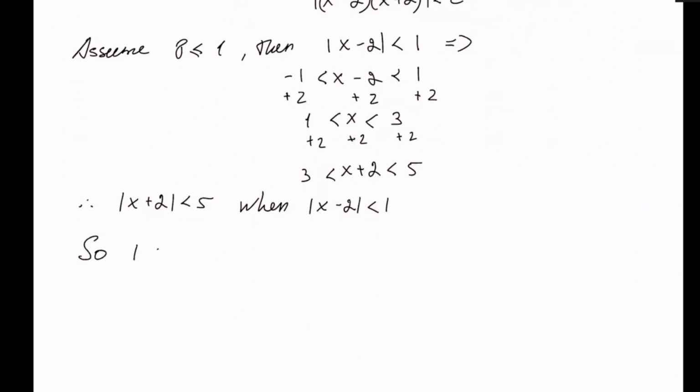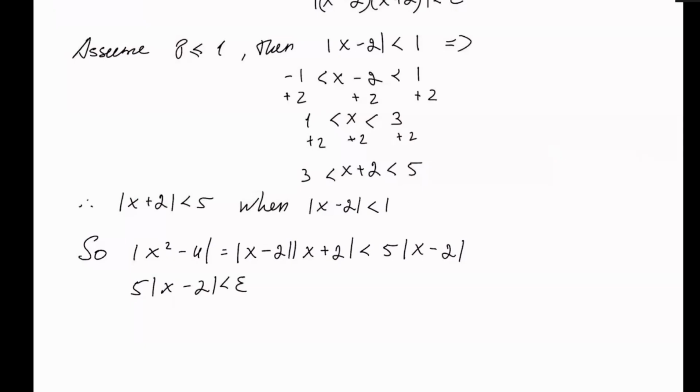So the absolute value of x squared minus 4 equals x minus 2 times x plus 2, less than 5 times the absolute value of x minus 2, right? So to make this less than epsilon, we need 5 times the absolute value of x minus 2 to be less than epsilon.